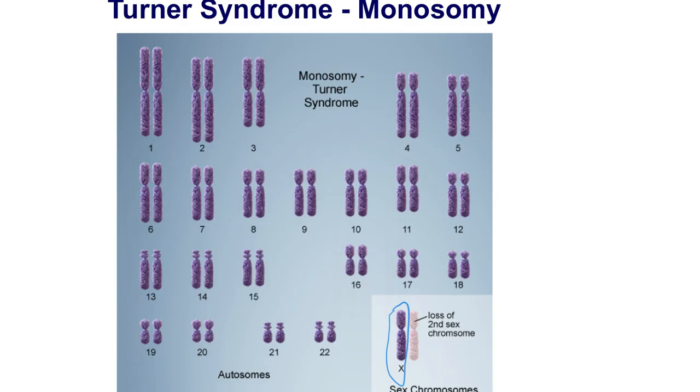But otherwise, you're normal for the most part. In some cases you have early heart disease, problems with the valves in your heart, and other things. You're usually quite short in stature, but your intelligence isn't affected.